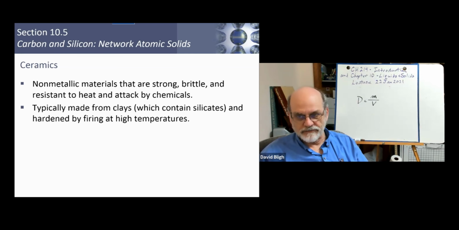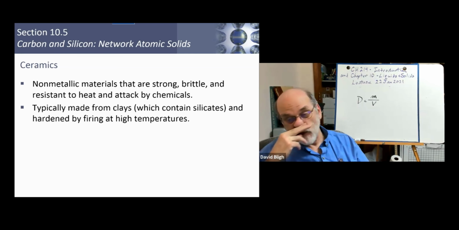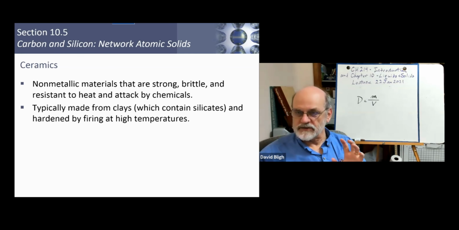That is, they're not tough, which means if you want to use them in a situation that needs toughness, they have to be backed by something. But they are extremely resistant to heat and aggressive chemicals.